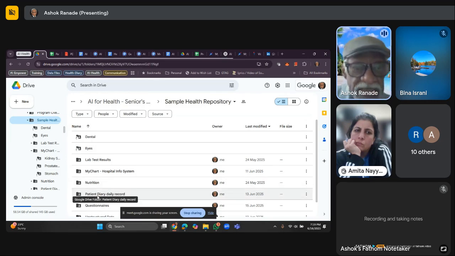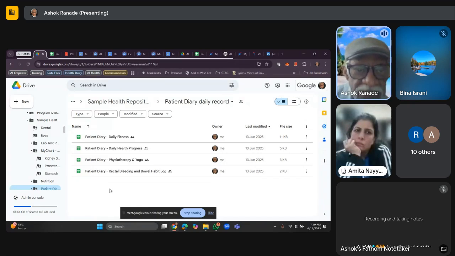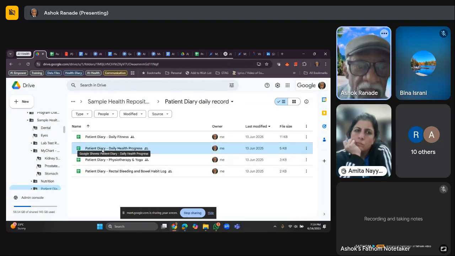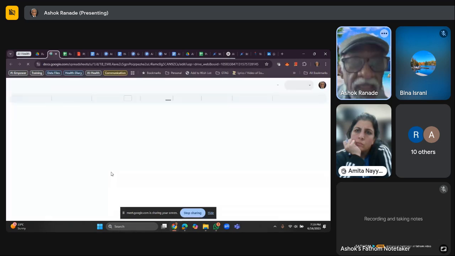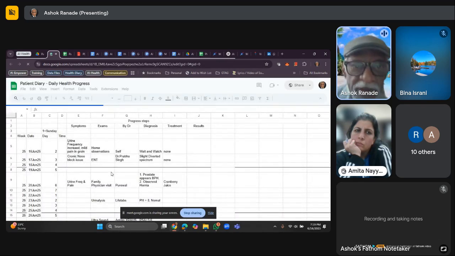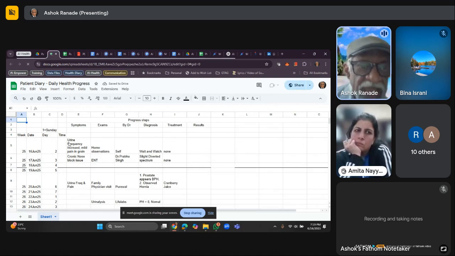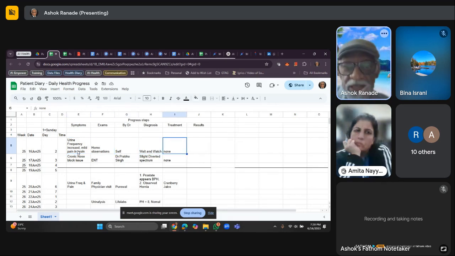This is data which is not available in any system anywhere, so I have created a spreadsheet. This spreadsheet has a day-by-day complete diary of what happened, what the symptom was, what exams were conducted, who conducted the diagnosis, what treatment was given, etc.